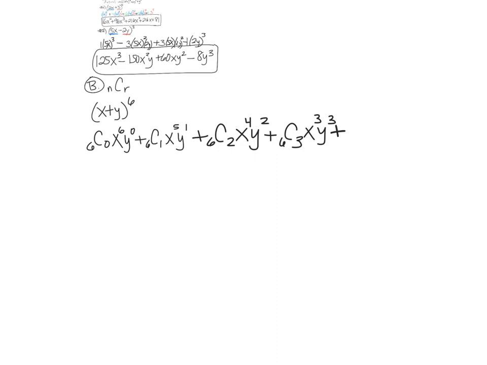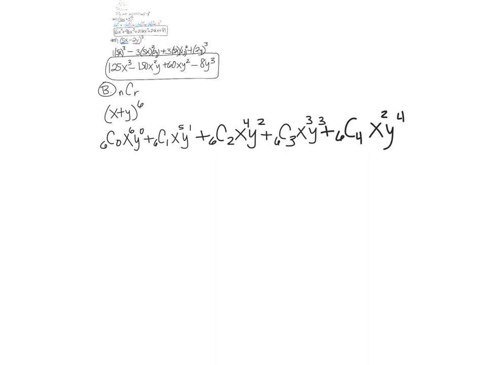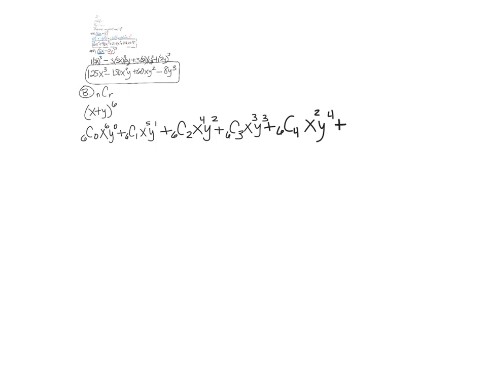Plus 6c4, x squared, y to the 4th. Plus 6c5, x y to the 5th, and finally 6c6, which is x to the 0, y to the 6th.